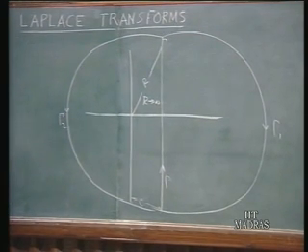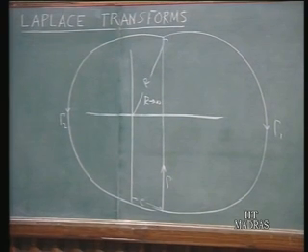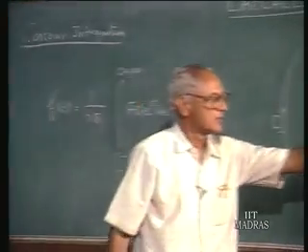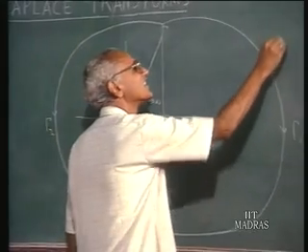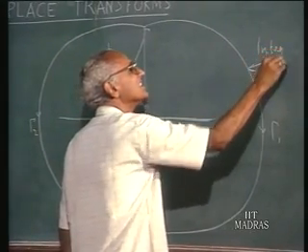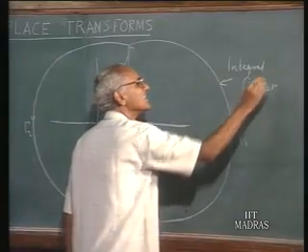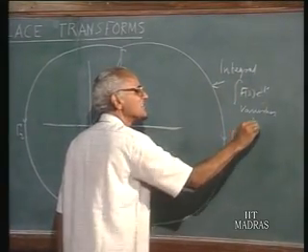It turns out that if you have this integral evaluated around this contour for t less than 0, it vanishes. So the integral of F(s) e to the power of st vanishes along this contour for t less than 0.